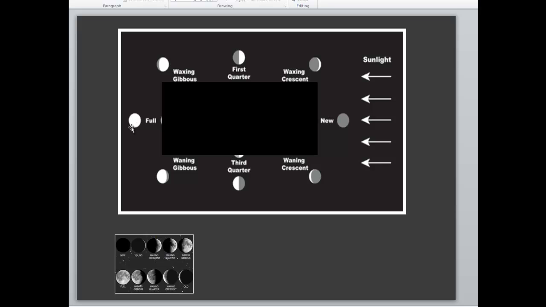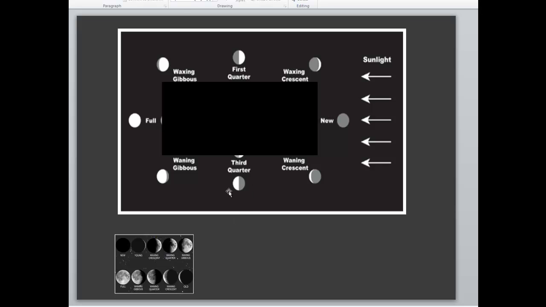Now we have full. Here's our gibbous shape, almost a full circle. Here's our shadow, starting on the right, and like we said, it goes from right to left. So in the next few days, the shadow will be moving more to the left, covering up more of the moon, and so it's getting smaller, and the word for getting smaller is waning.